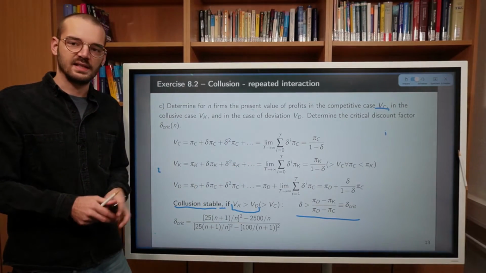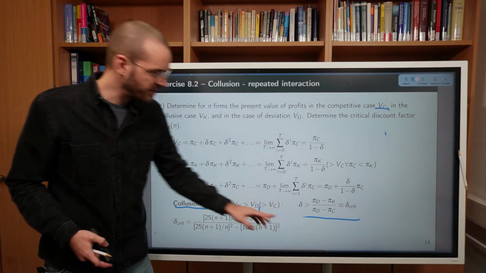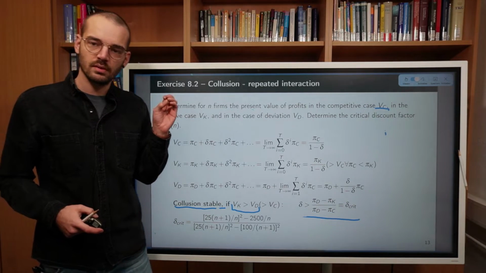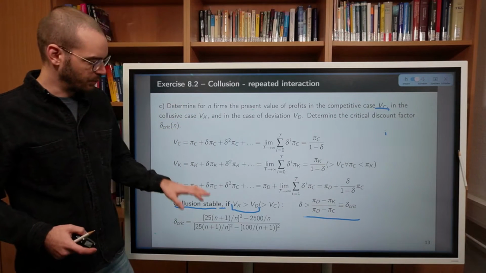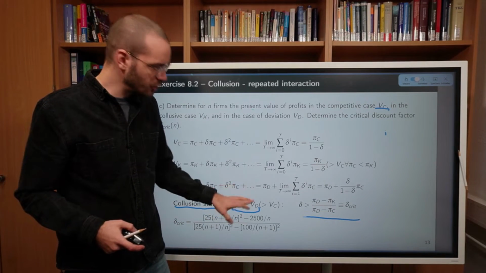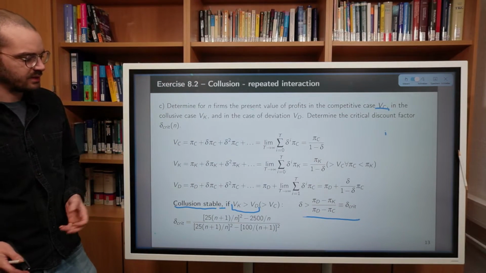And this delta, this discount factor for which this inequality just barely holds, under which collusion is stable, is defined as the critical discount factor.